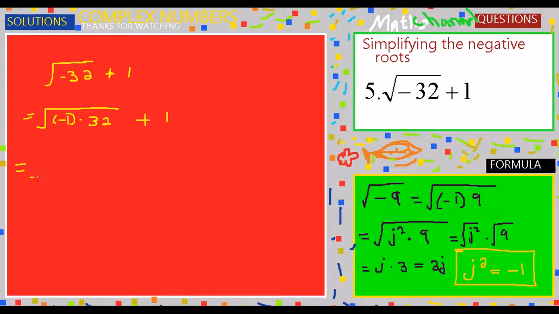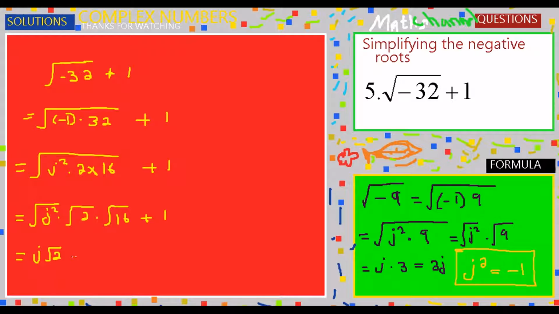You know negative 1 is j square, so 32 is 2 times 16, and then plus 1. Putting each value to its square root, you have the square root of j square, the square root of 2, the square root of 16 which is 4, and then plus 1.